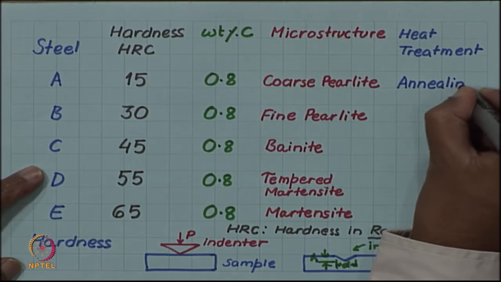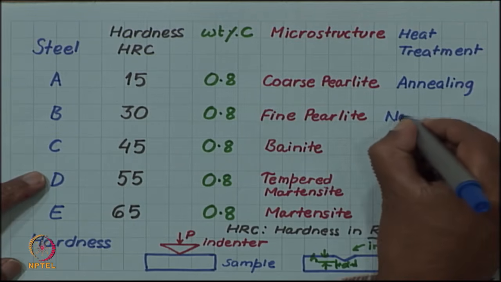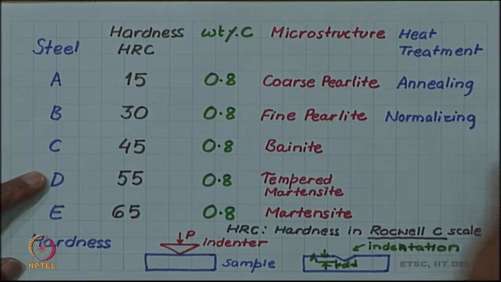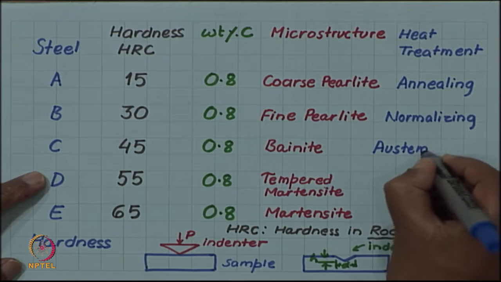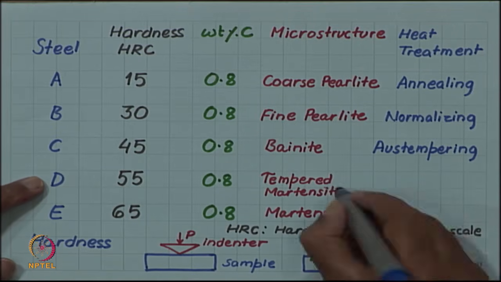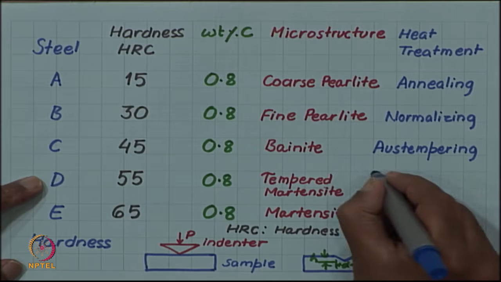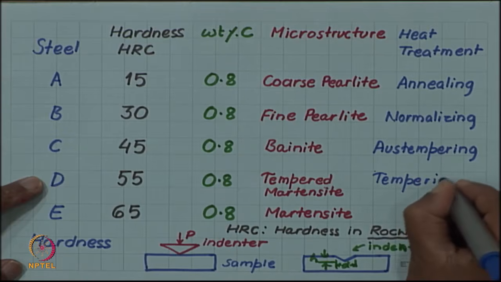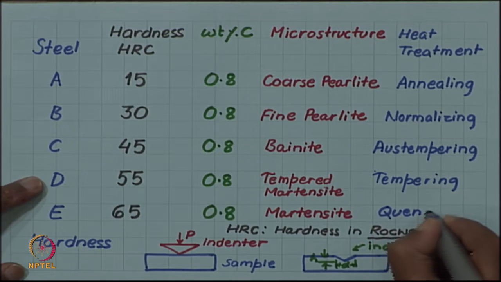Fine pearlite by a heat treatment called normalizing, bainite by a heat treatment called tempering, tempered martensite by a process called tempering, and finally martensite by a heat treatment called quenching.